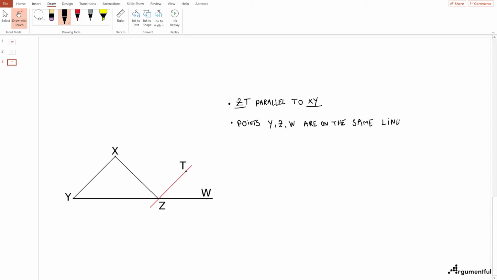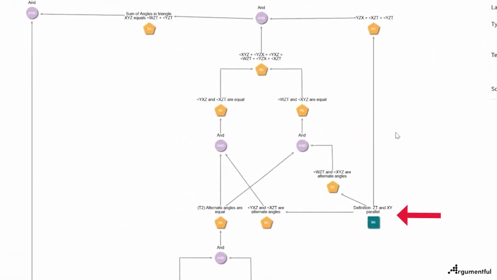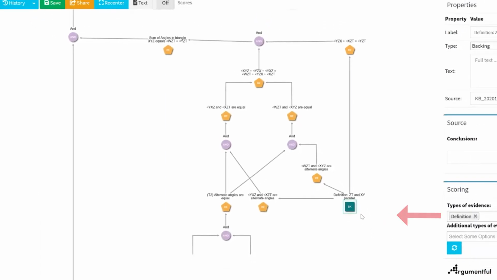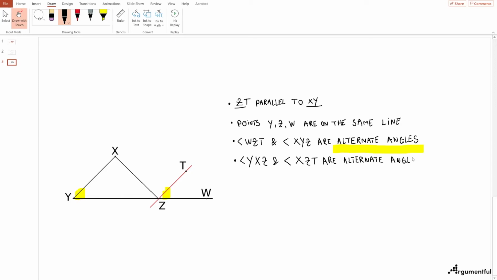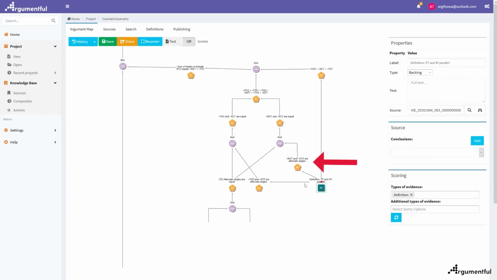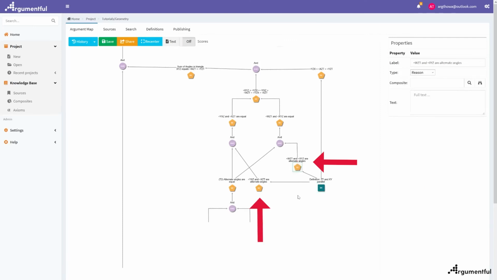For this, I added the backing, which states that ZT and XY are parallel. This is by definition. Two other reasons which result from this same warrant are angle WZT and angle XYZ are alternate angles, and angle YXZ and angle XZT are also alternate angles. And here they are on the argument map.